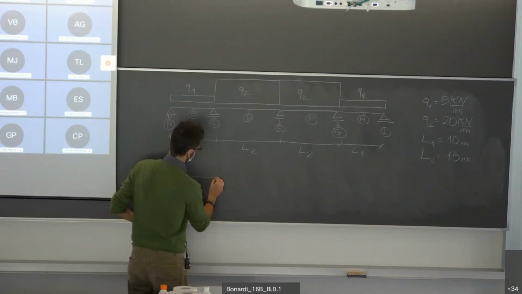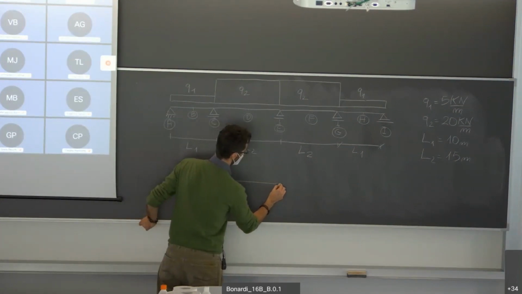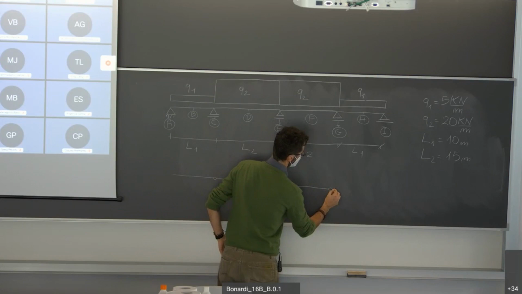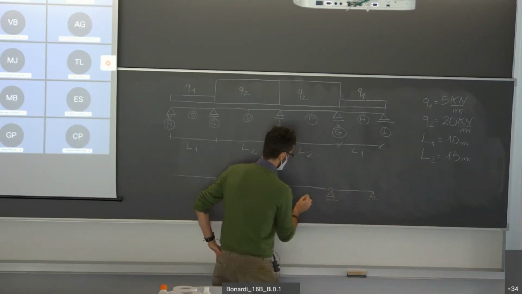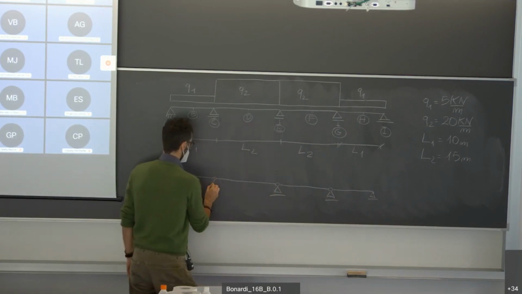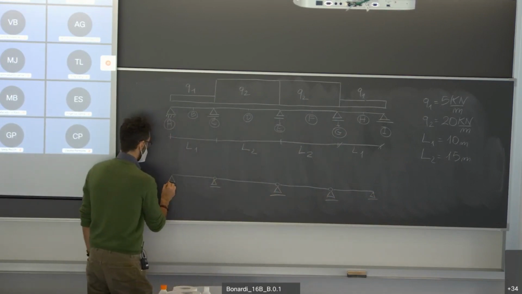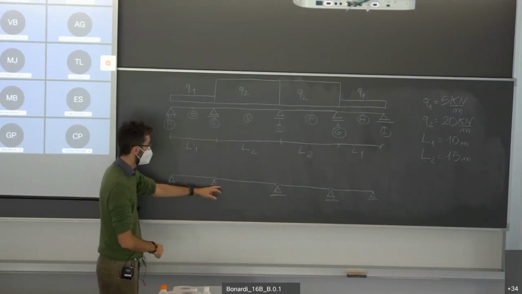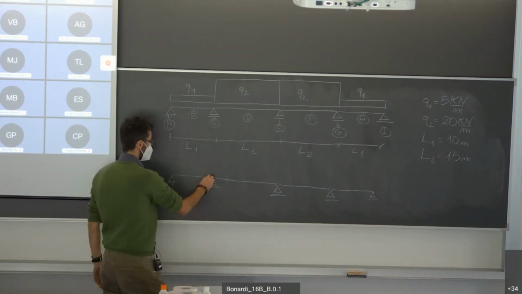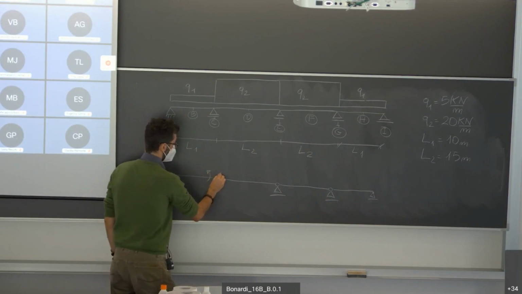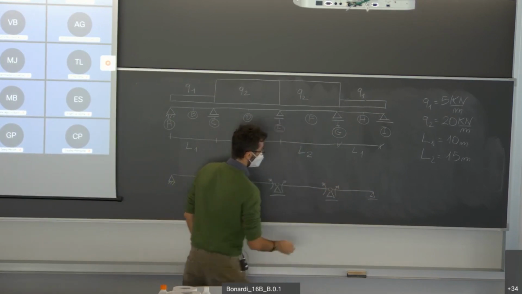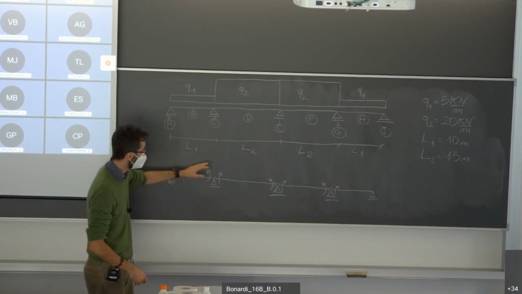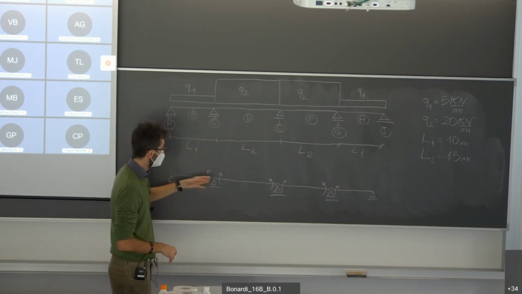As usual, let's free the rotations in correspondence of the internal supports, and every time we release a motion, so we release the restraint, we have to add the corresponding static unknown.